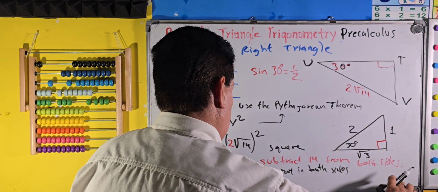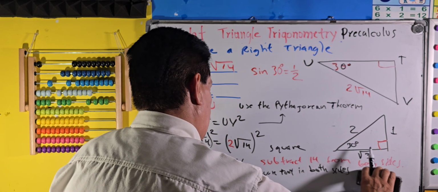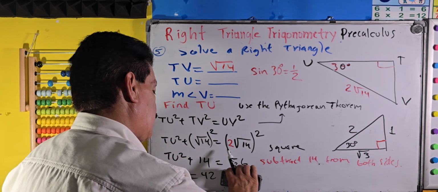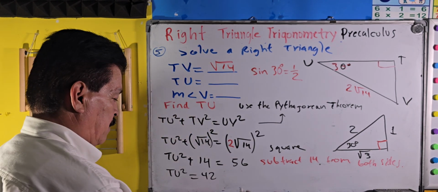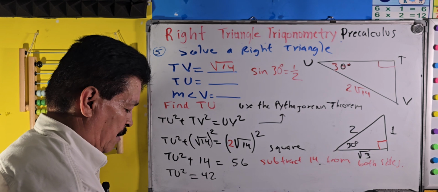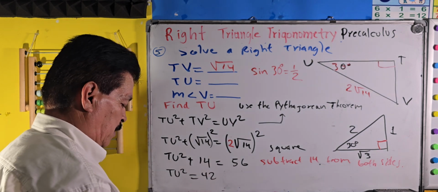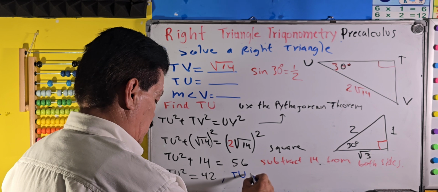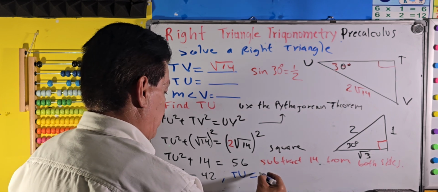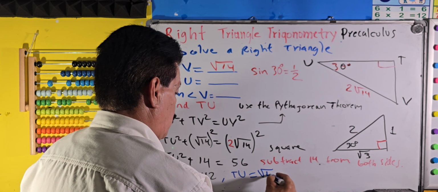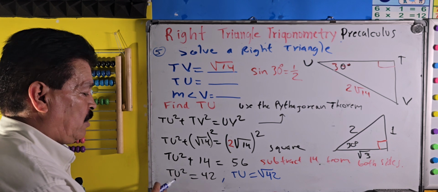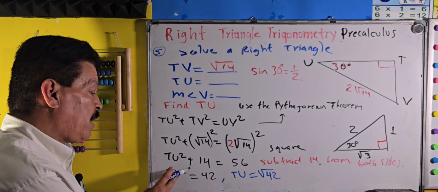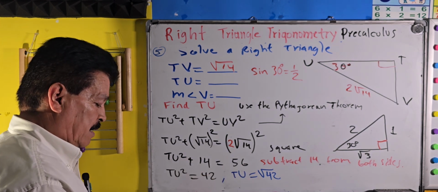If we take the square root on both sides, we will have, let me use another color because I don't have space here, TU equals square root 42. Because we need to take this to the second power, just take the square root on both sides, right?